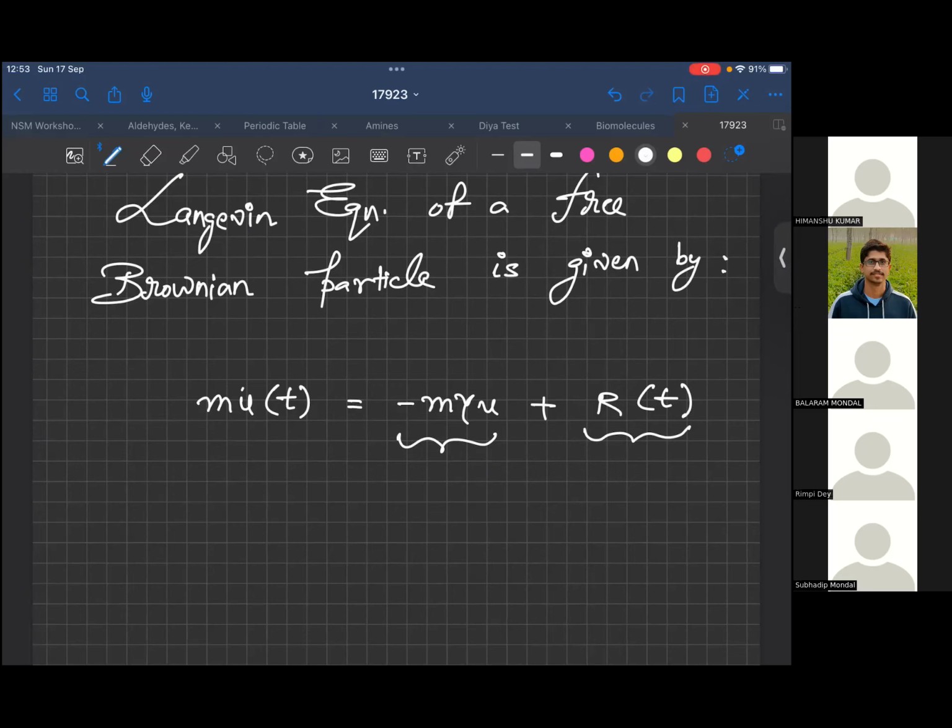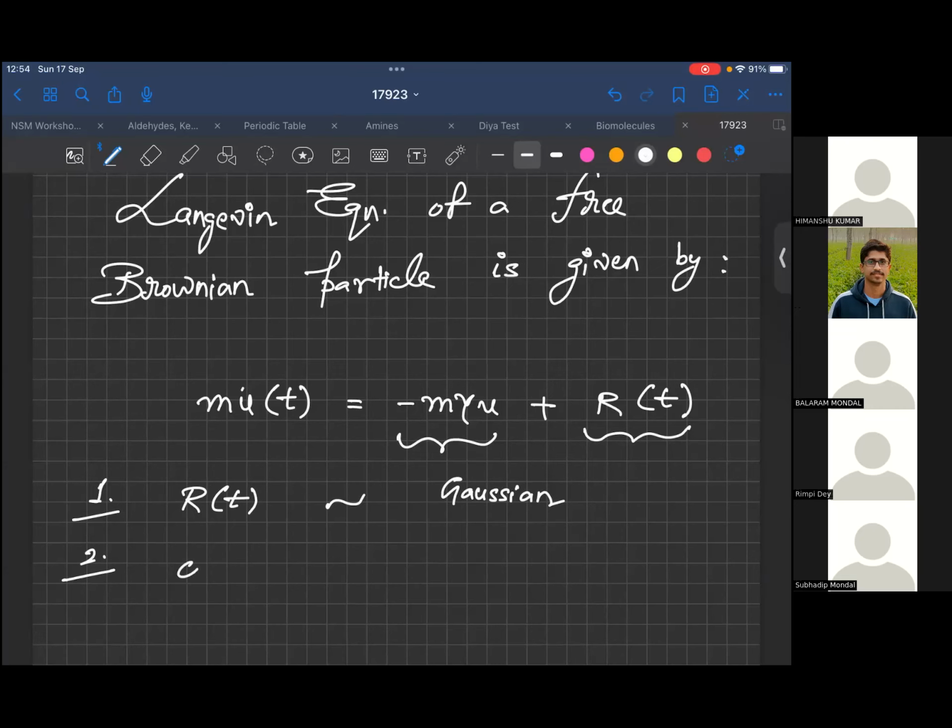Now, for simplicity, basically, there were two conditions that were assumed: that this R(t) is Gaussian, and the correlation time is very short.